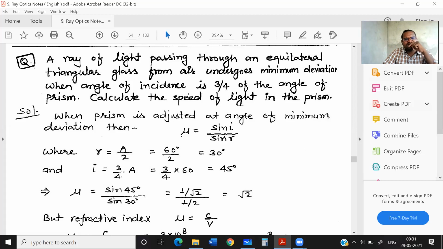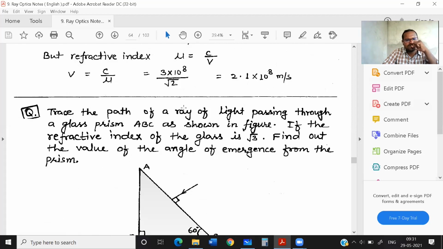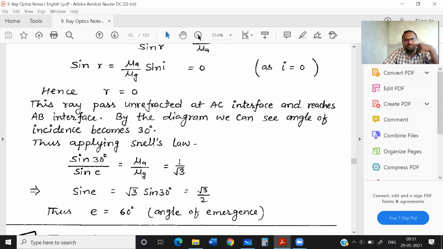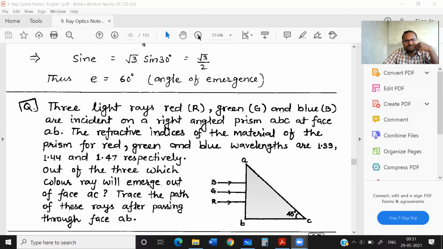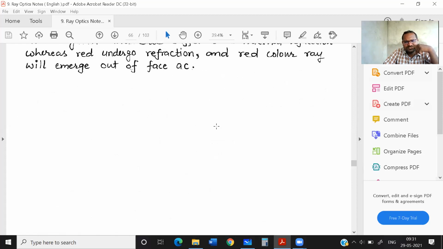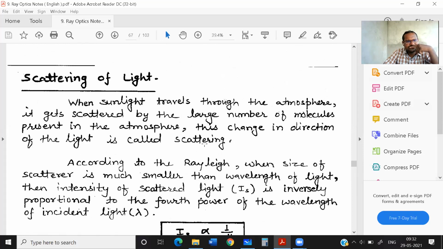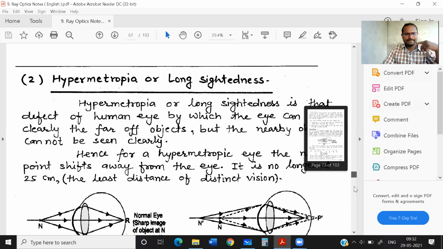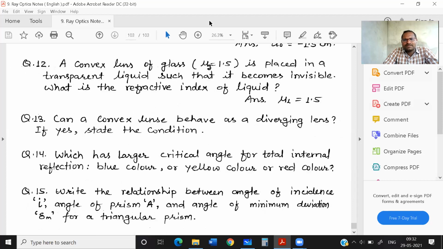These problems are in this material only, with solutions. Just read them. I'm searching for that problem. If a problem comes, we can solve it. Yeah, 8 minutes time is there. Let us solve the problem.